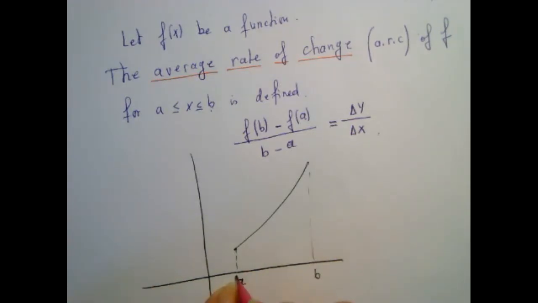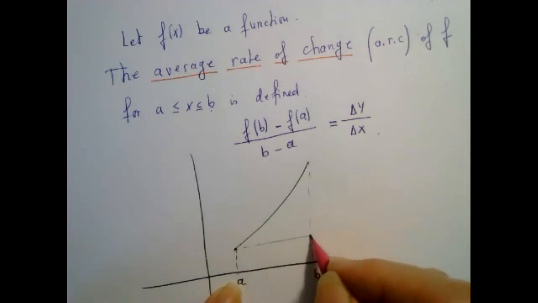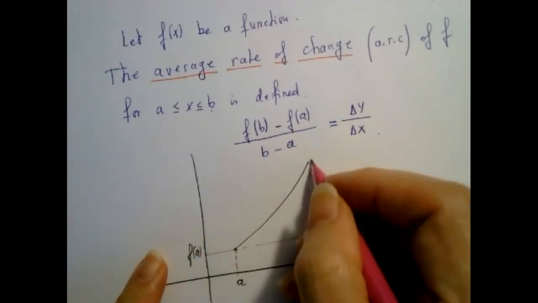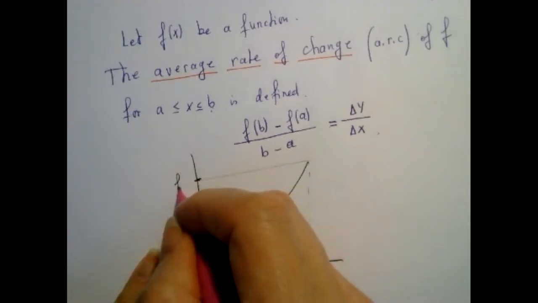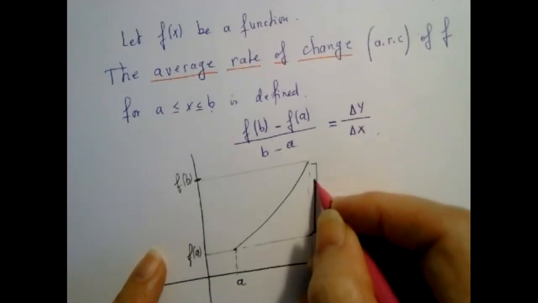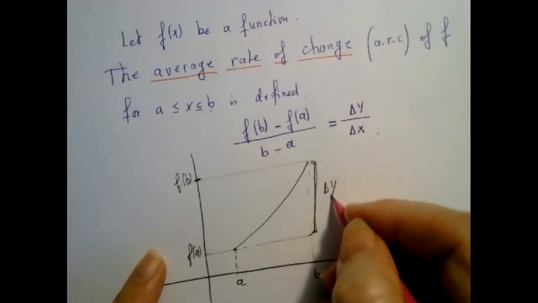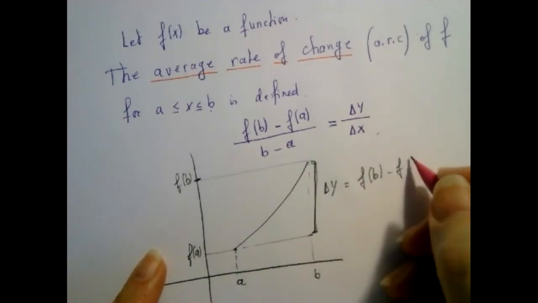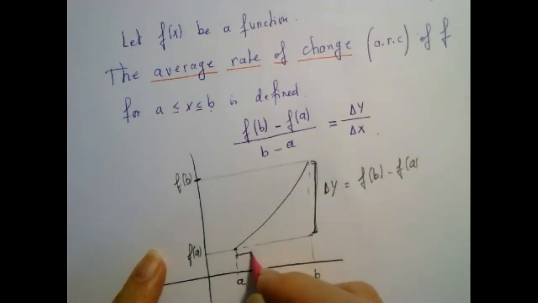So when x goes from A to B, this is my f of A and this is the f of B. Those are the outputs. From here to here, this is the change in y, and this is the change in x.